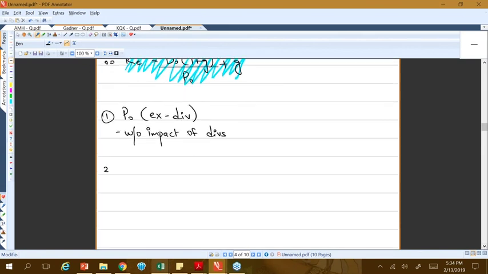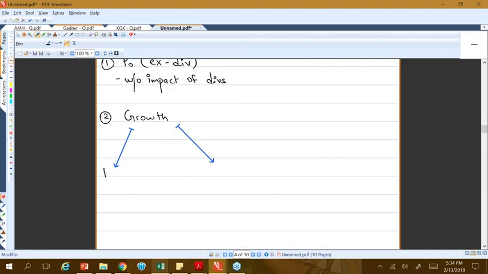The second thing that you need to be careful with is growth. Because when we think of the growth, we think of 2 ways in which we can work out the growth. The first way here is the historic model. The second way here is the Gordon's model.